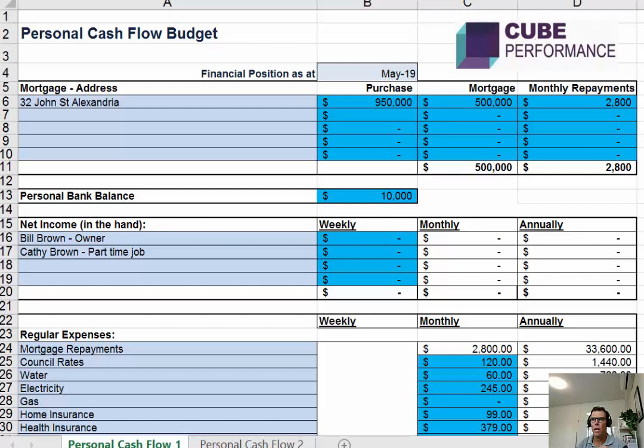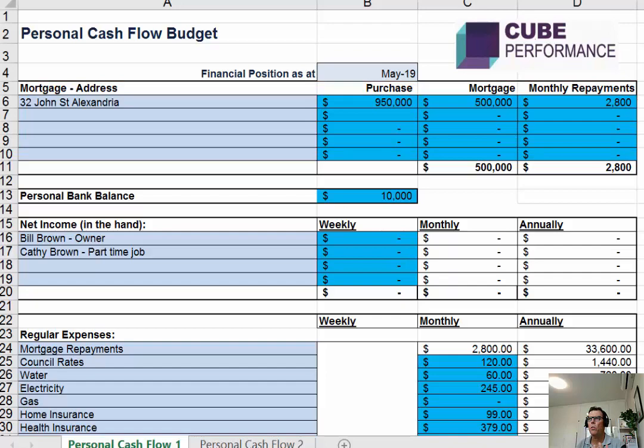You'll start putting in the mortgage purchase price, the overall mortgage owing, and your monthly repayments that you currently need to repay the bank. I'll come back to net income in the hand, what you should be drawing as the owner and your partner potentially as the owner, in a minute.